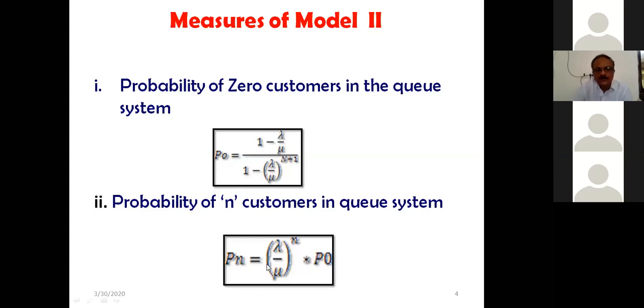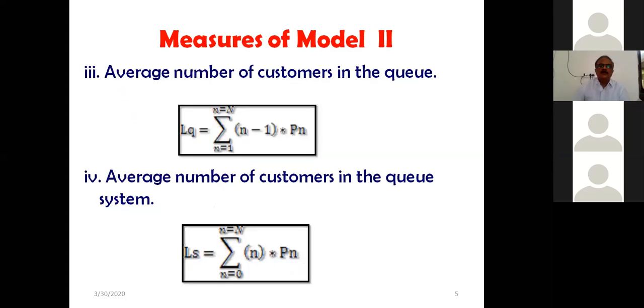So Pn is equal to lambda by mu to the power n multiplied by P0. It gives us the probability of n customers in the queue system. Then we'll go to the next measure of this model.